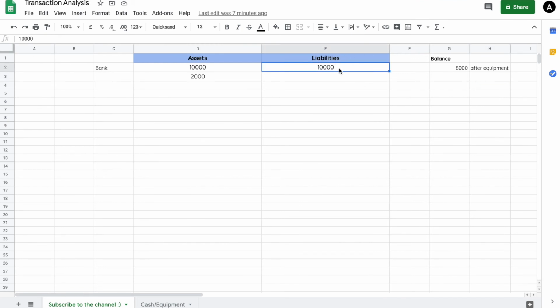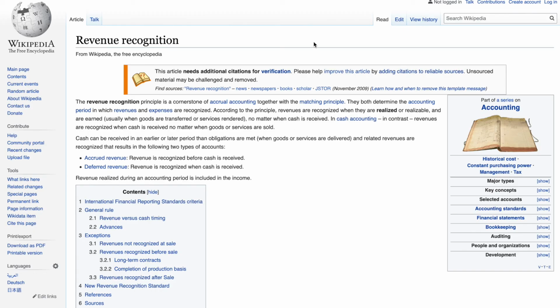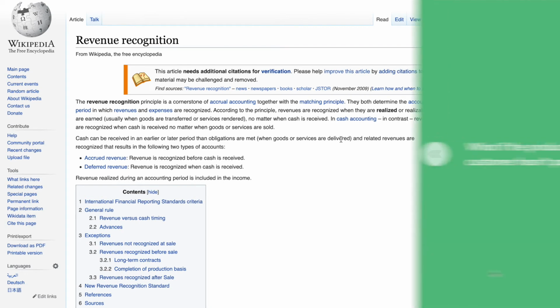I list it under liability because I'm still yet to give you the car, because I've not actually fulfilled that contract completely. But the moment I deliver the car to you, then I can record that as a revenue, because the goods and services, in this case that's the car, is delivered.